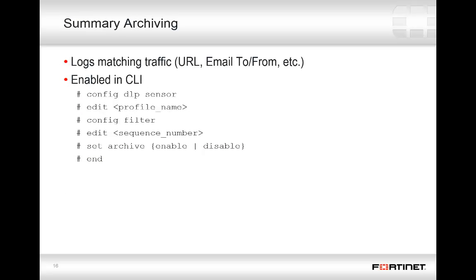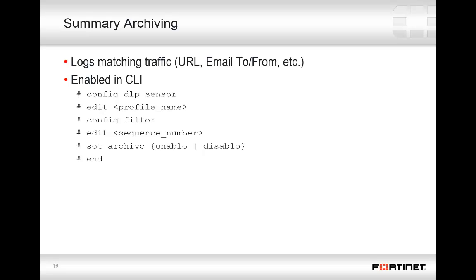Up until now, we've shown DLP blocking or monitoring sensitive data. What else can DLP do? It can record traffic summaries, that is, logs, and if enabled, the full files and messages.